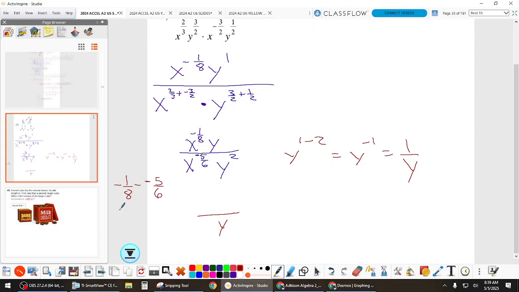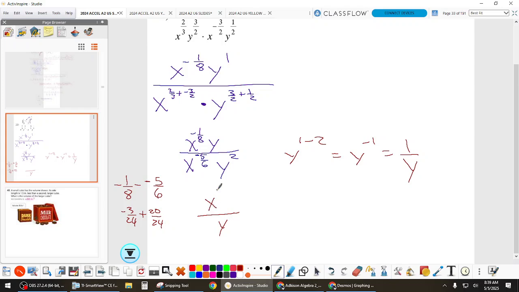So you have a couple options here. Let's do it this way first, and then I'll show you the other one. What's a good common denominator for those two? 24. Probably the best one is 24ths, right? Anyway, so negative 3 plus 20 is 17.